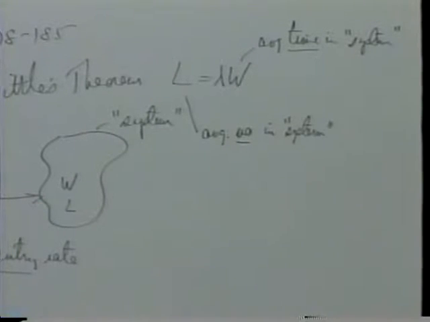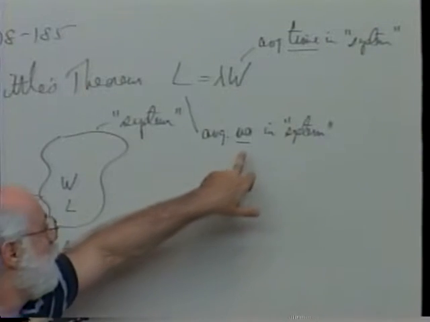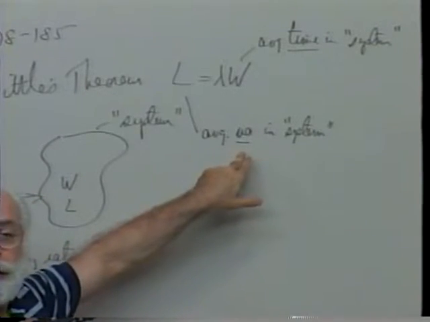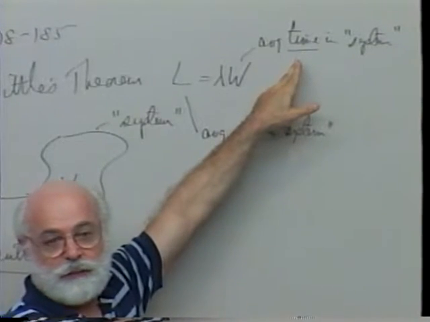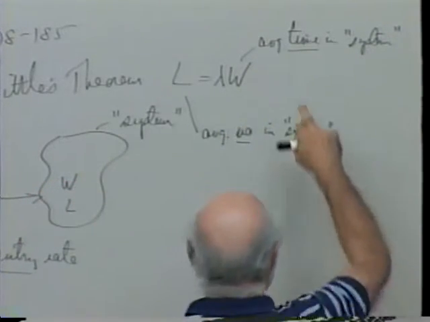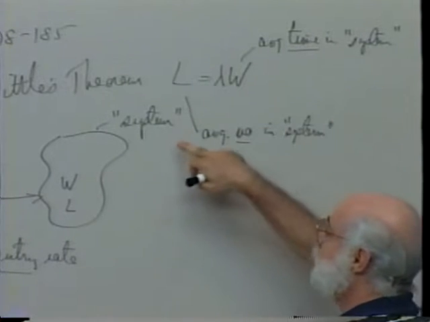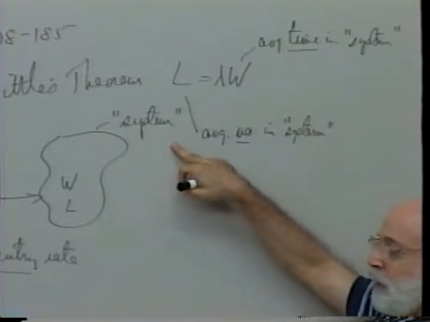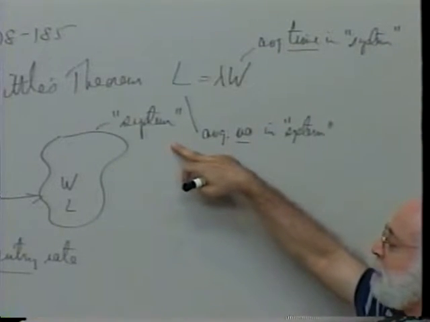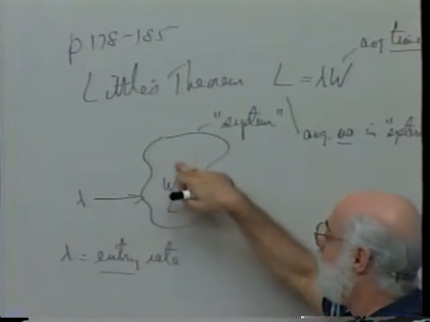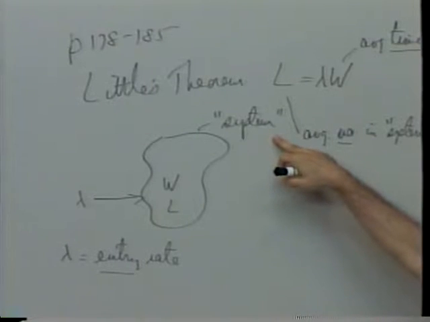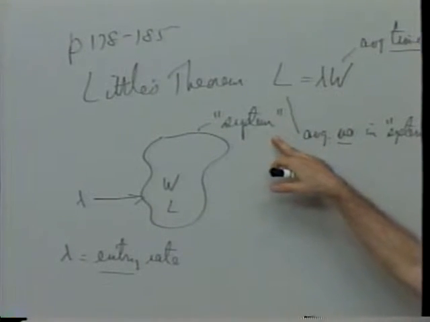So what you're linking here is two variables, one being a discrete variable, the number present, the other being a continuous variable, the time present. So this is very powerful because, first of all, it doesn't make any assumptions about the system. As long as you're consistent in defining system the same way from the viewpoint of the lambda, the W, and the L, then this is true. So it doesn't have to be a queuing system, or it can be a queuing system, or it can be part of a queuing system.